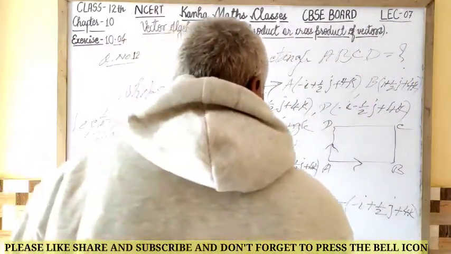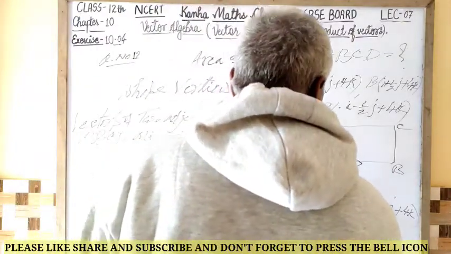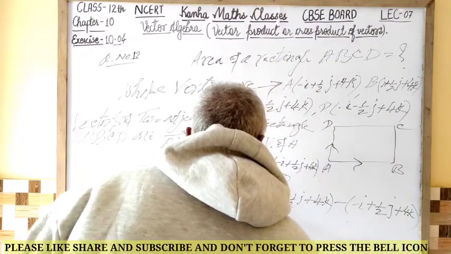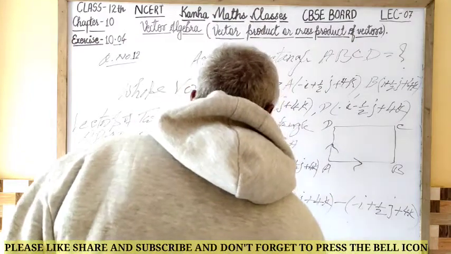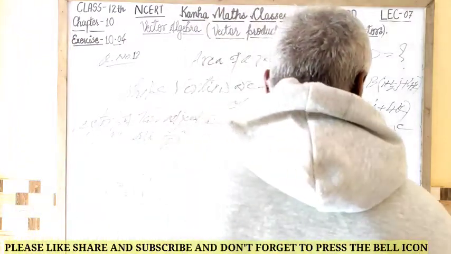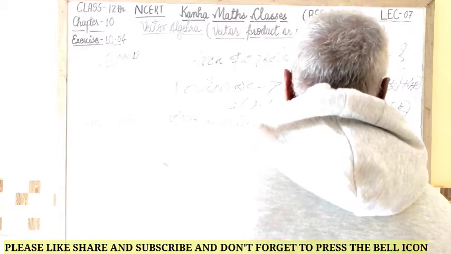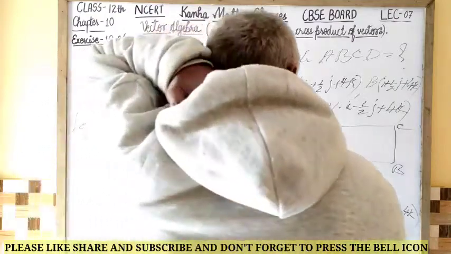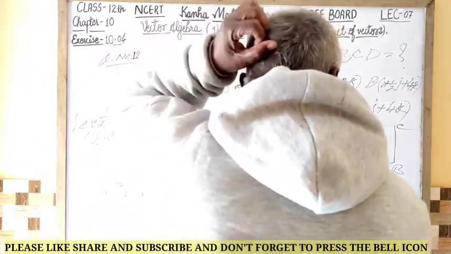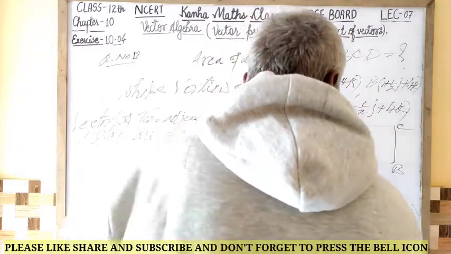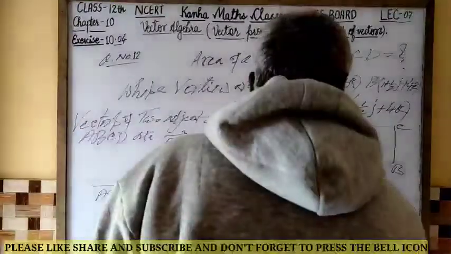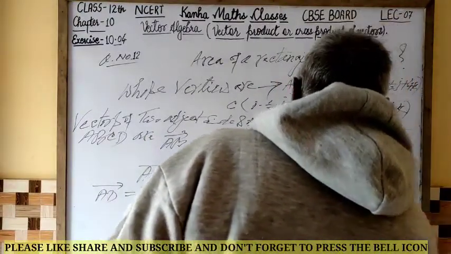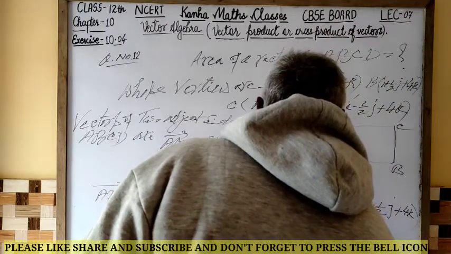Minus i and plus i cancel, so 0i; minus half j and minus half j give minus j; and 4k minus 4k means 0k.